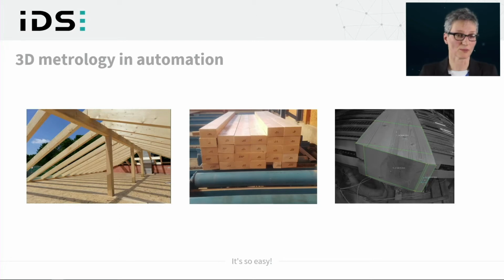Someone has to write the numbers on the wood by hand. The application now is a system that takes the 3D data from the beams and calculates the place and the font size where a robot can then label the beam without a person having to do this manually.